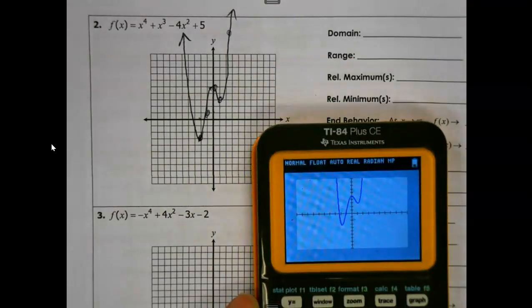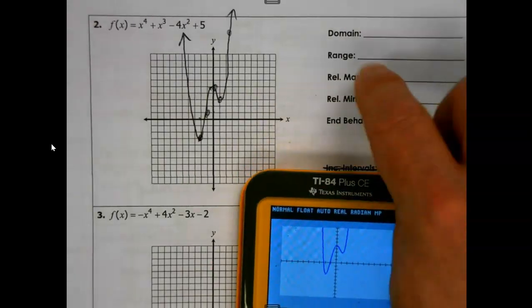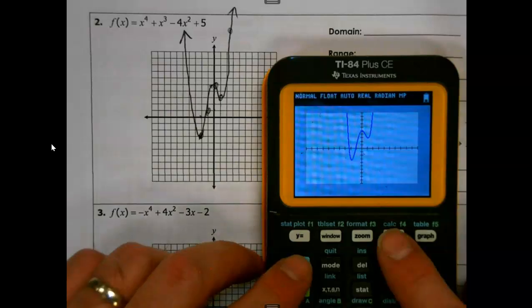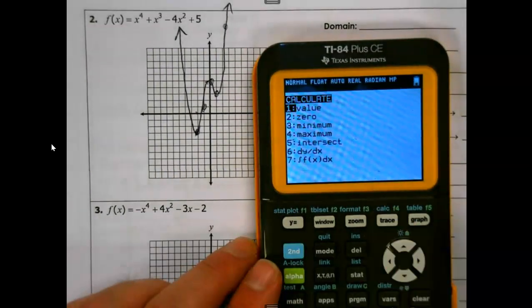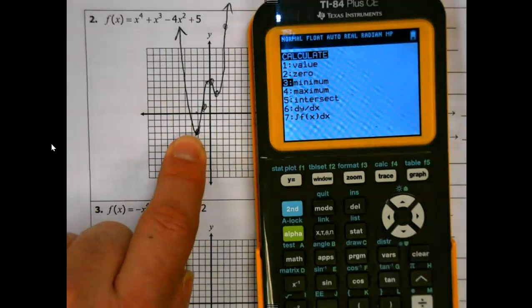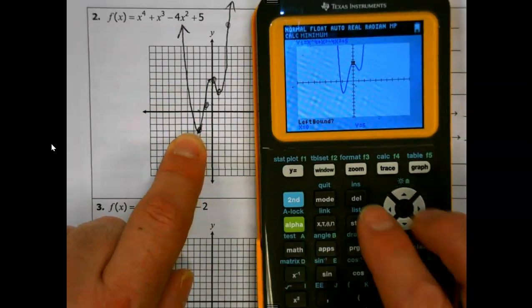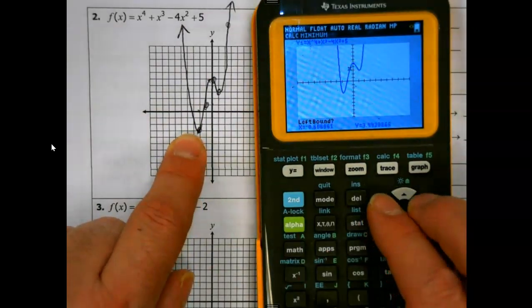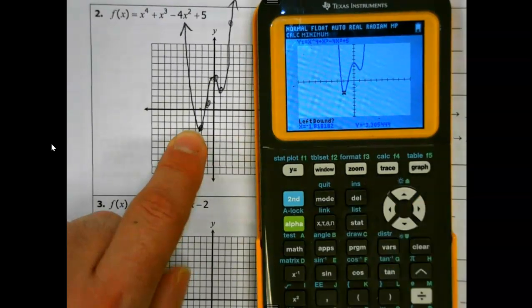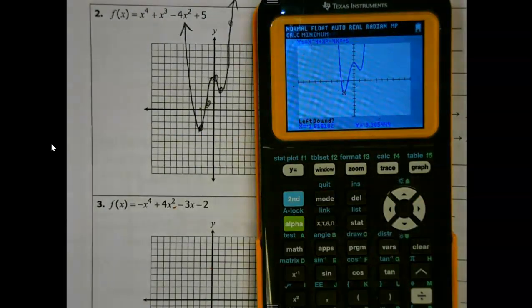So once we got that, you're like, Hardy, can we do them in order? No, I want the maxes, the mins first. There's a method to the Hardy madness here. So second trace, I noticed, here's my first one. I got a min right here. So let's do a min. All right. Once we've told it what we're looking for, left and right arrows only, in this case left, to get over as close as we can.